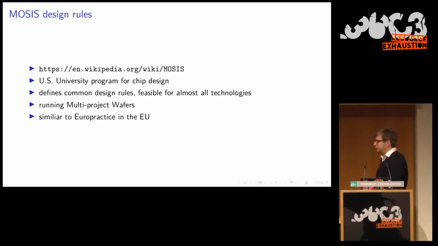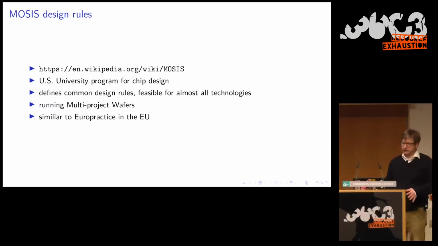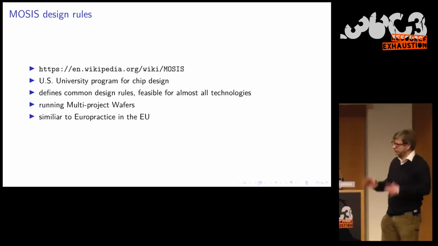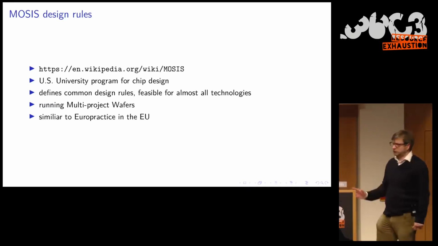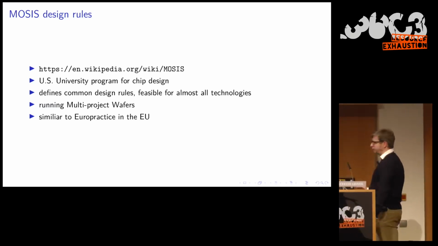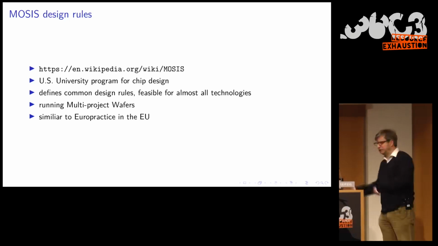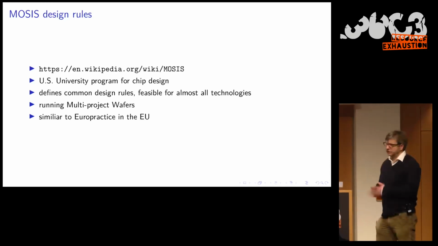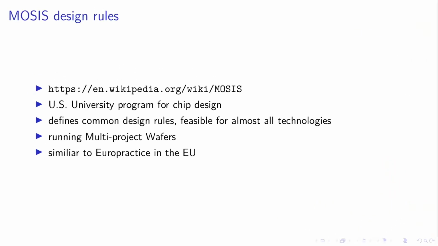But they also defined design rules. They defined the distances, the dimensions, the metals, everything. And these rules are made such that you can apply them to a lot of different technologies you might have. So it's the smallest common denominator.